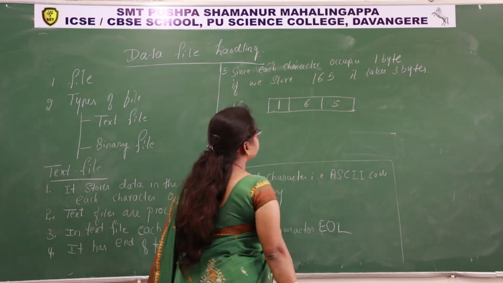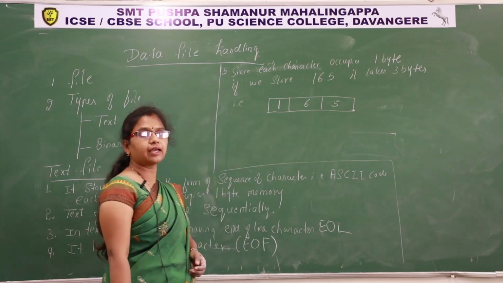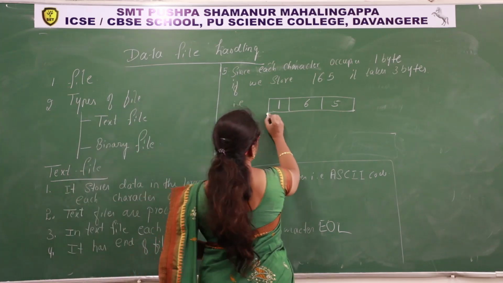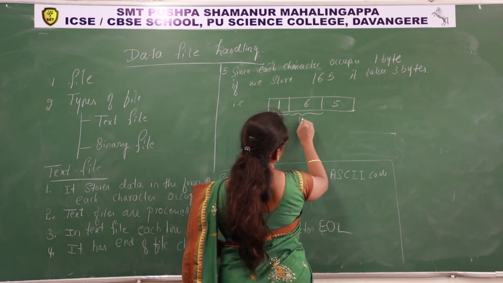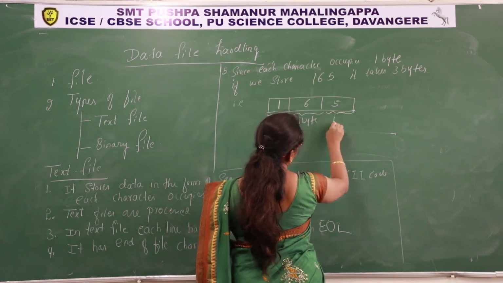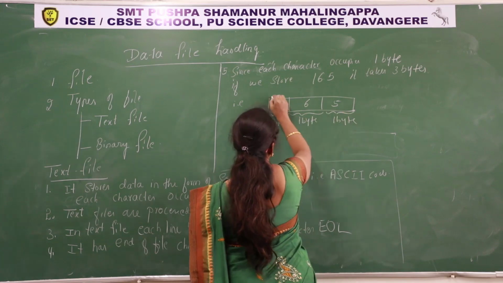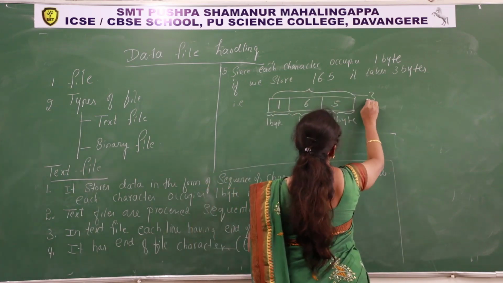Each and every digit we consider it as a character here in text file. 1 byte, 1 byte, 1 byte. So total 3 bytes.